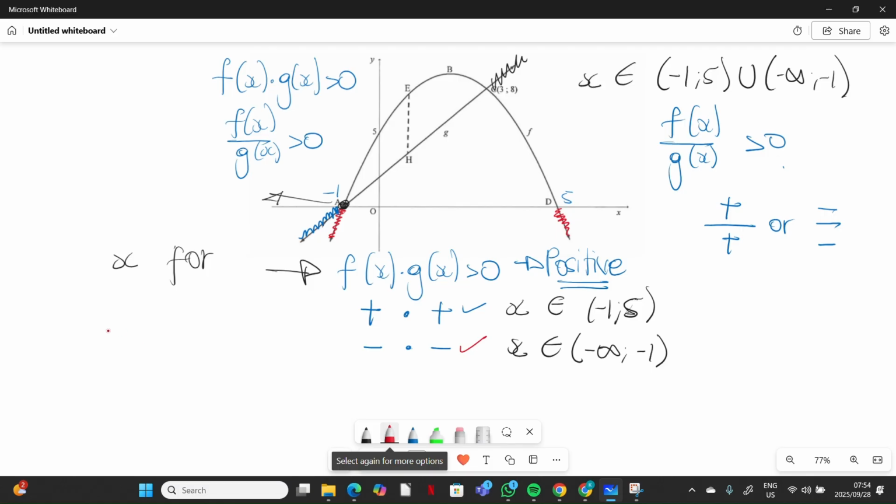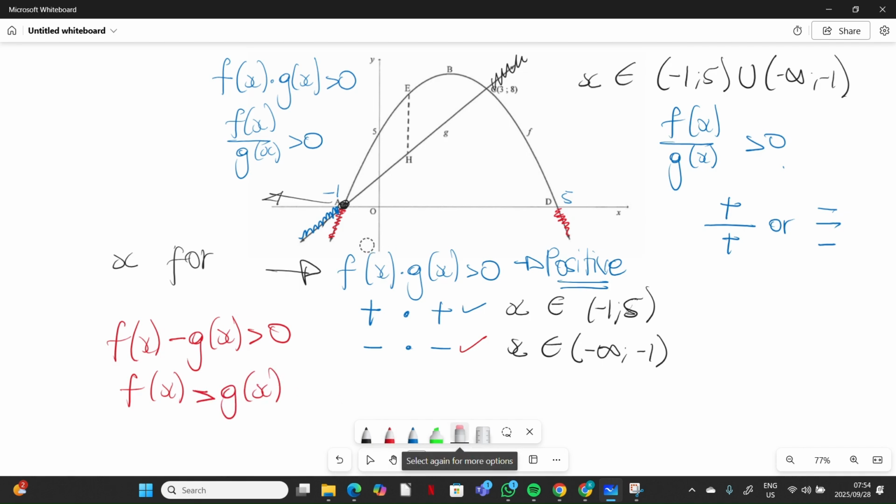But also something else. If you have f of x minus g of x greater than 0, if you just transpose g of x, you get f of x being greater than g of x. And if you come to this function, you would realize that the y values of the graph of f are greater than the y values of g of x, where they are greater here, up until there.